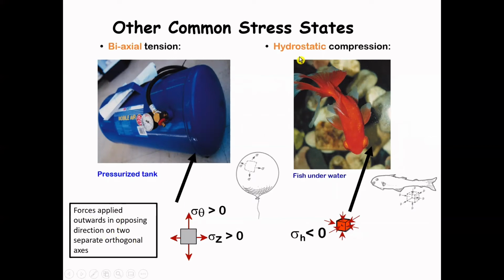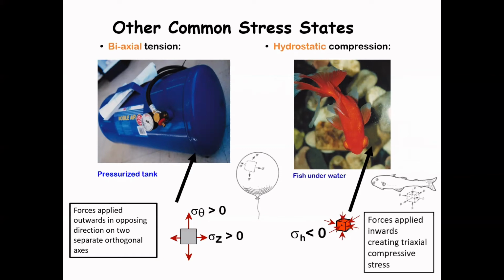Hydrostatic compression can be defined as a state of stress in which the normal stresses acting on any plane are equal and where shearing stresses do not exist in the material.